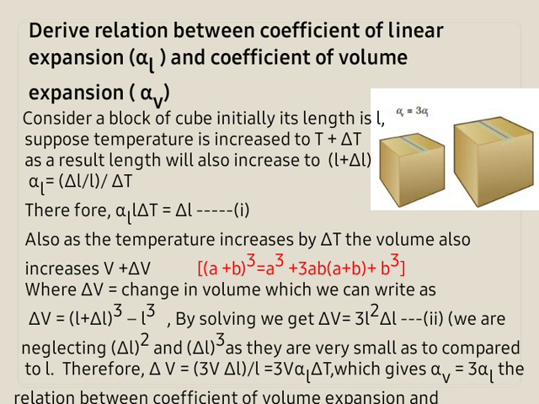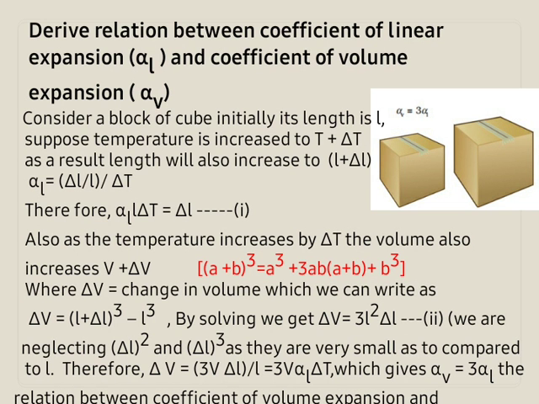You know the volume of a cube of side L is equal to side into side into side. It is L cube. So V is equal to L cube. Then what will be V plus delta V? It will be equal to L plus delta L all cubed.